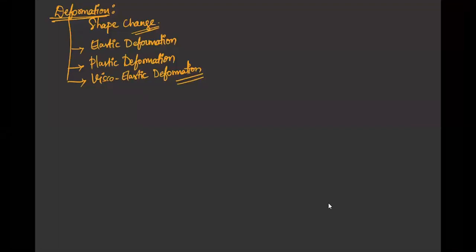So what is elastic deformation? Elastic deformation tells us that the shape change is temporary. That means whatever shape change a body is undergoing is just temporary. On removing the load, it regains its original shape.